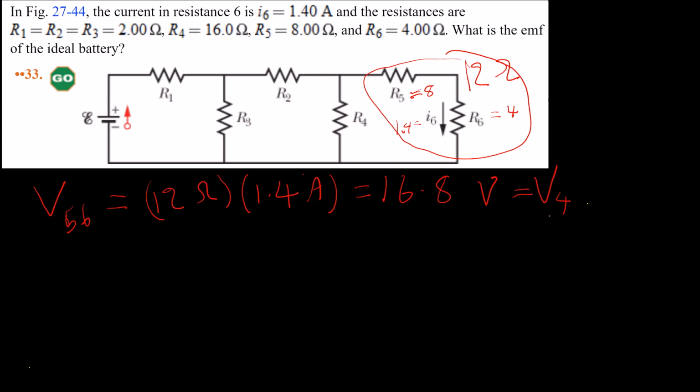Now you can find the current in R4. I4 equals V4 over R4.